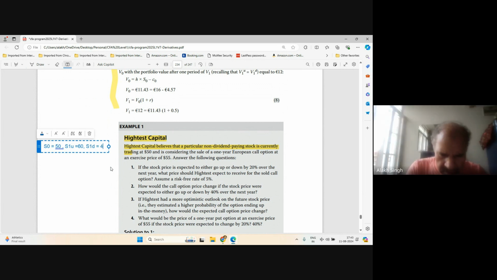Very good. Now, what will be the C1, what is the exercise price? X is equal to 55.